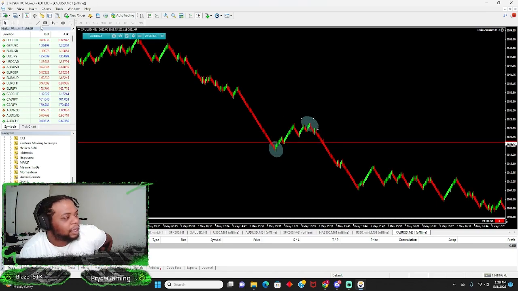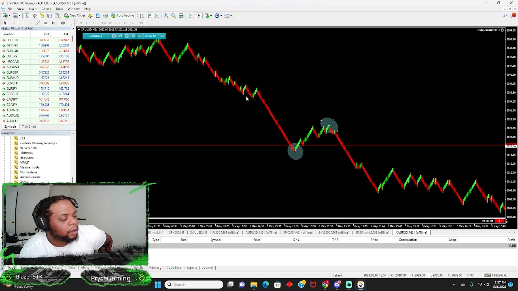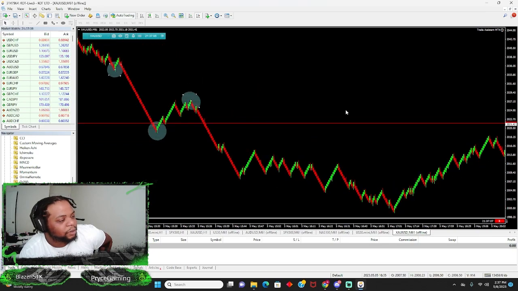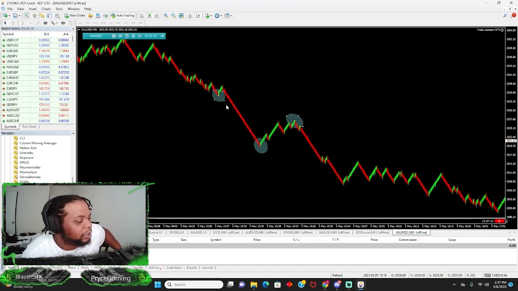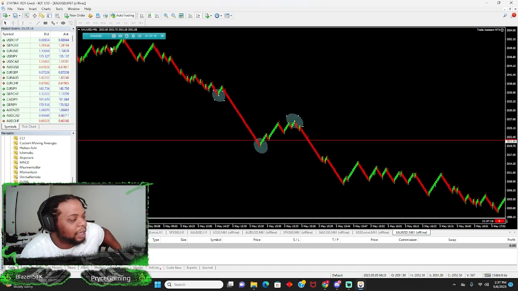That's your swing high. That's your swing low. Basically, swing low, swing low, swing high.